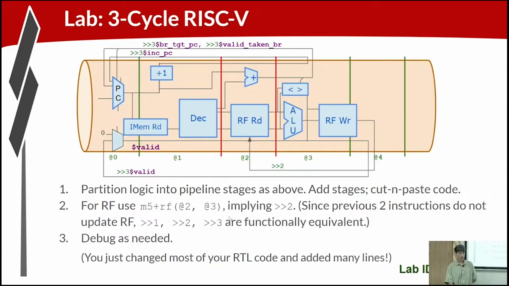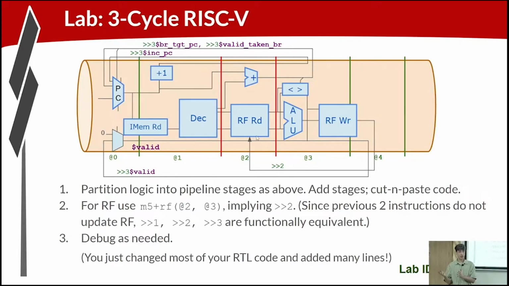Making this change does change the functionality of read and write. Previously, the read and write were happening at the same stage. Now we've stretched it out, which can have the functional impact that we discussed, where we have a read after write hazard because we've separated those operations into separate stages.